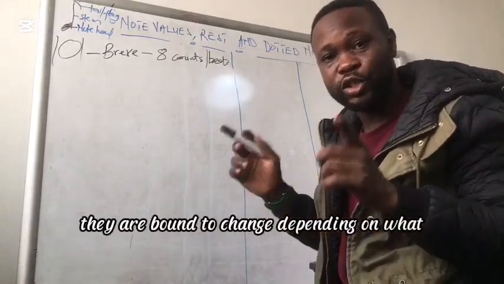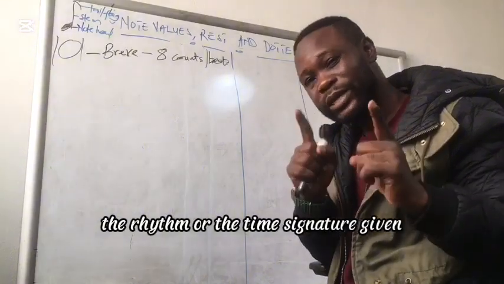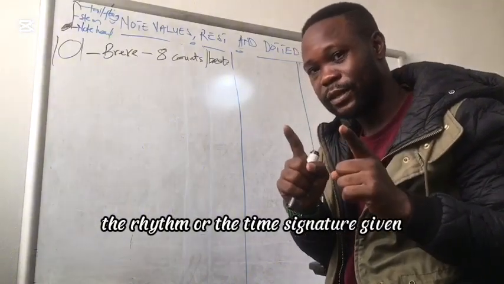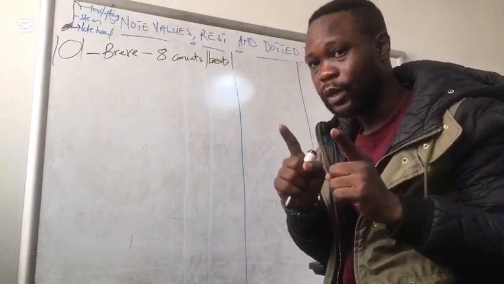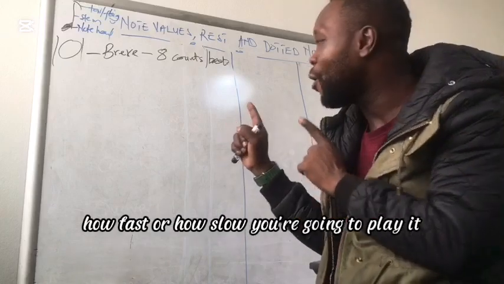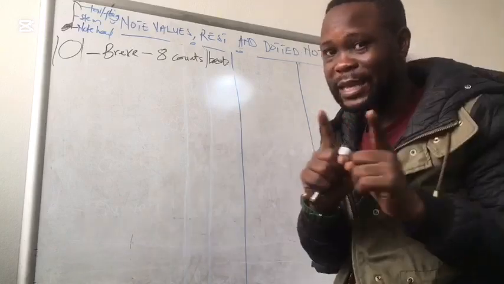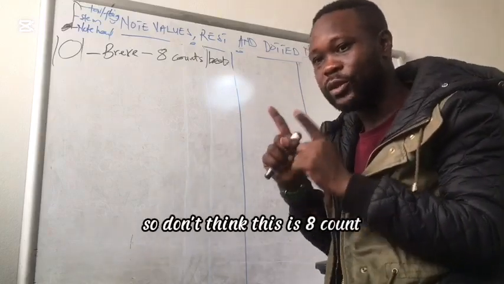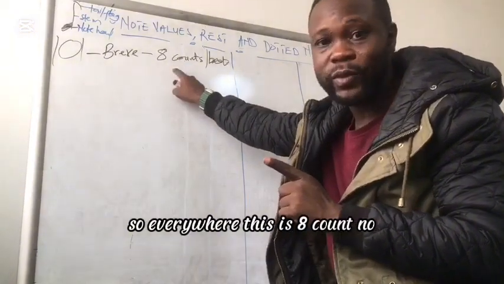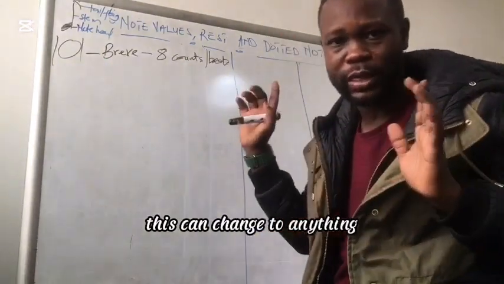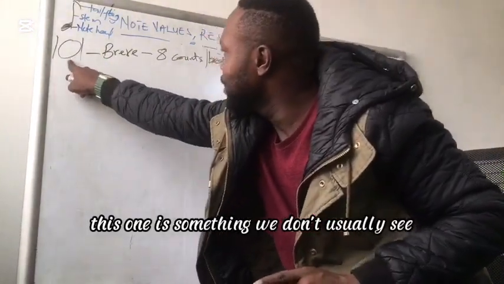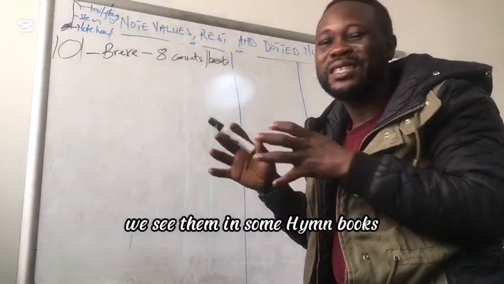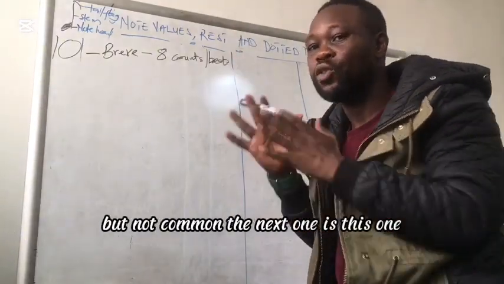Mind you, they are bound to change depending on the rhythm, the time signature given, or the tempo. The tempo will determine how fast or how slow you're going to play it. They don't have a specific duration, so don't think this is 8 counts and everywhere is 8 counts. No, this can change to anything. This one is something we don't usually see. We see them in some hymn books, but not commonly.